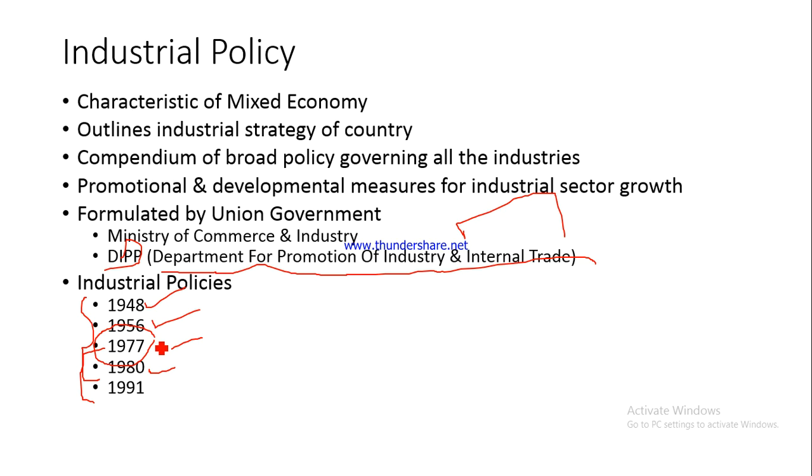Because of which the government of the day, with Mr. P.V. Narasimha Rao as the Prime Minister and Dr. Manmohan Singh, who later went on to become the Prime Minister of India in 2004, as the Finance Minister, decided that it was time for a new industrial policy to be unveiled, because so many things had to be changed because of the IMF conditionalities. That was why in 1991 an altogether new industrial policy was unveiled. In fact, the industrial policy unveiled in 1991 is also known as the new economic policy or the new industrial policy, right?